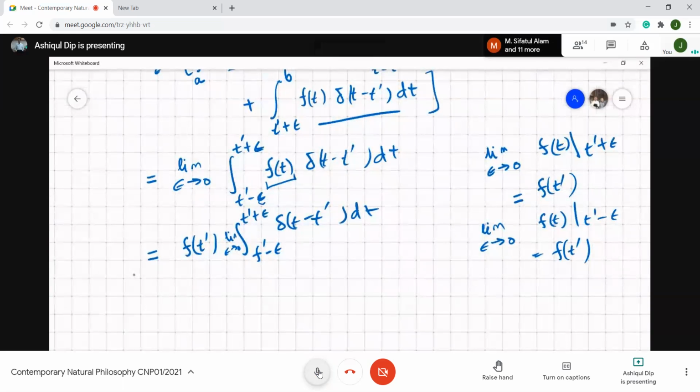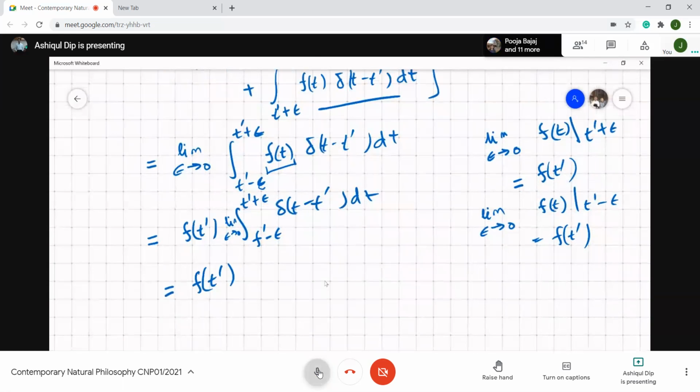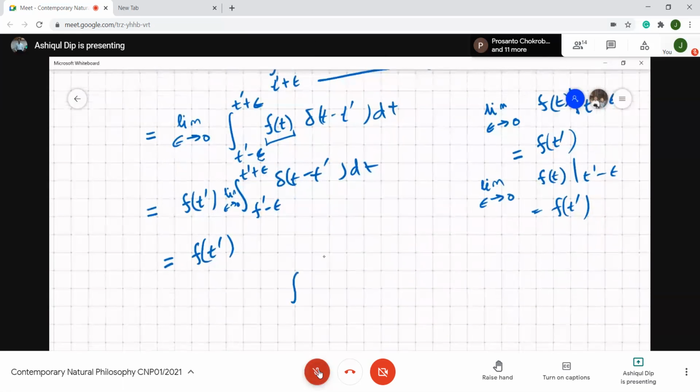Just one. So we end up with f(t′). So we got our final thing: the integration from a up to b of f(t) delta(t − t′) dt gives you f(t′), or vice versa.